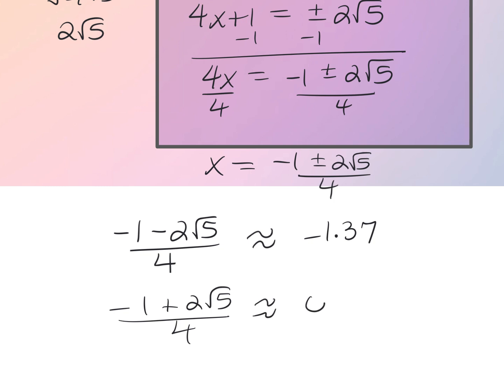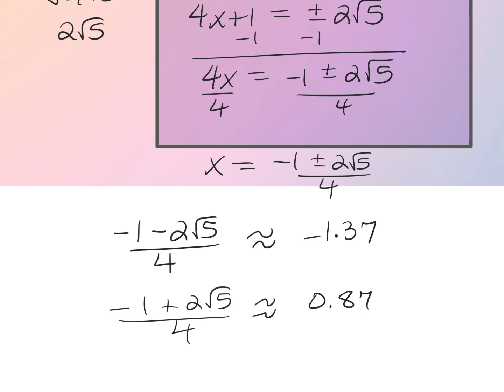And this one's 0.87. Notice this time, because something was being done to that radical, they're not one positive, one negative. They're actually two different numbers. So be careful, okay?